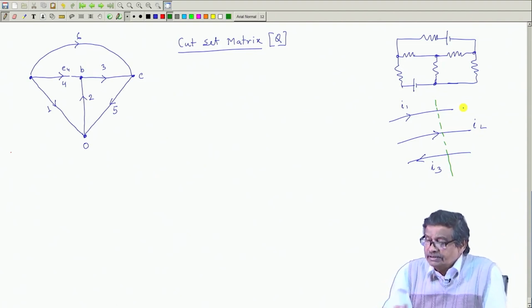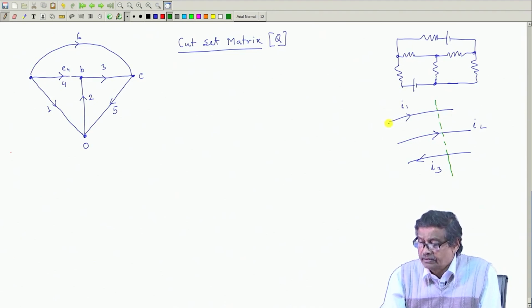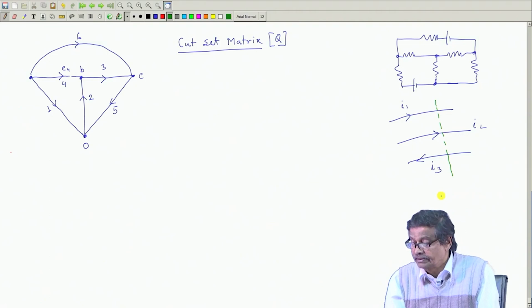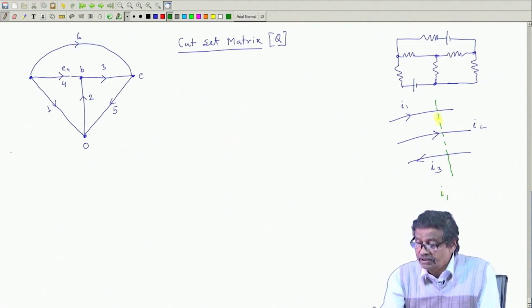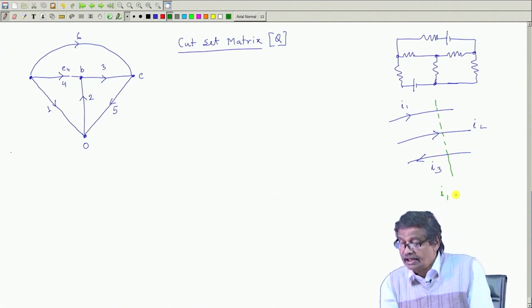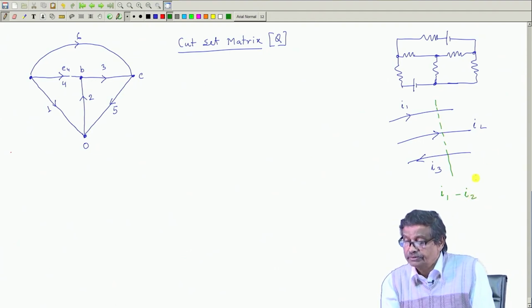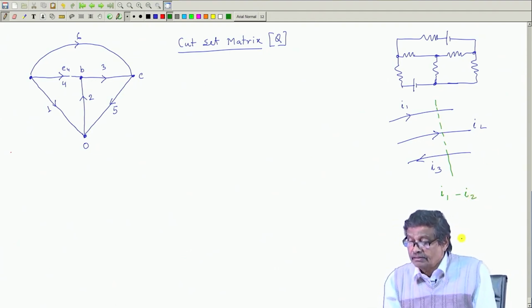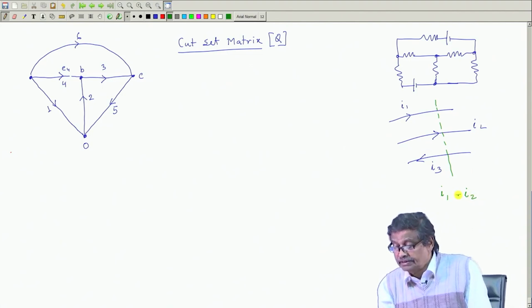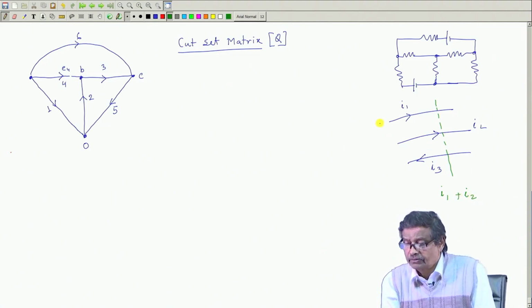What do I mean by this? The current crossing this imaginary line from left to right is I 1. Only these 3 branches are involved by this line, suppose, and then this is plus I 2. Current going from left to right, I have assigned a positive sign.